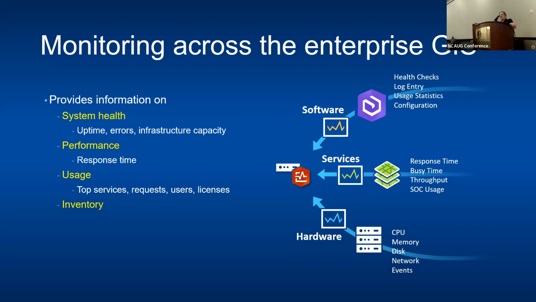And I look at using Monitor as just one more tool to understand the big picture of the enterprise system. Now, obviously, you can't manage ArcGIS Online with it, but everything in your environment, whether it's in the cloud or whether it's on-prem, you can use ArcGIS Monitor to manage it.